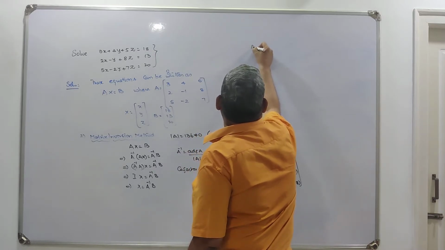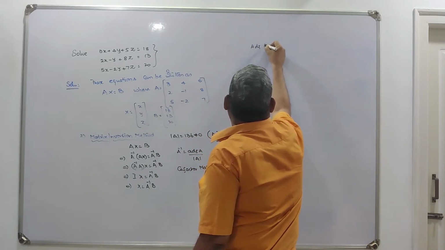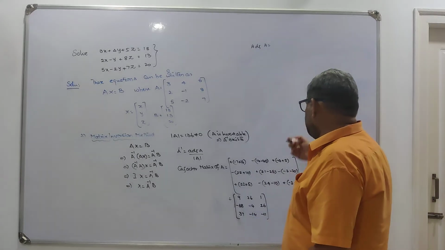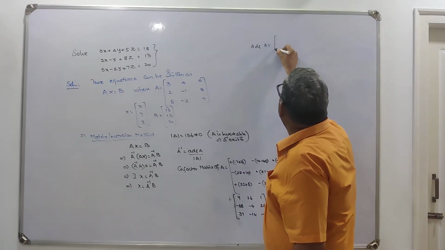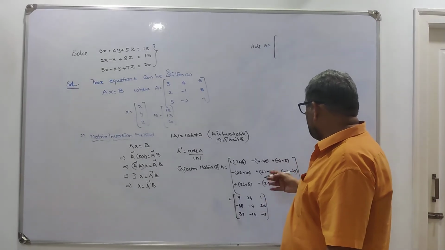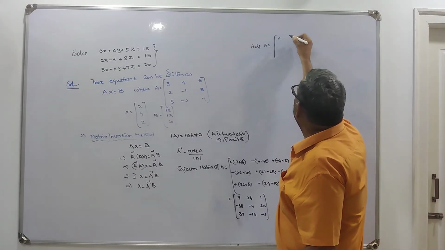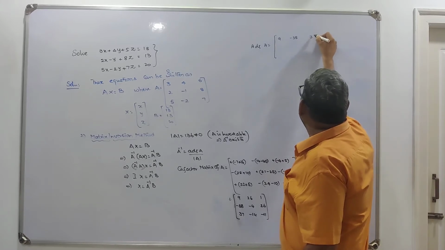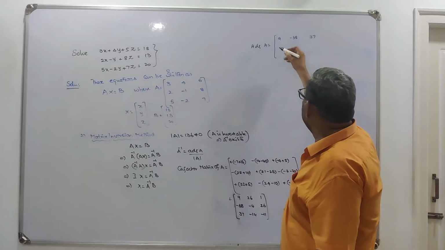Now the adjoint of A. Adjoint of A is nothing but the transpose of the cofactor matrix. The transpose is nothing but interchanging the rows and columns. 9, minus 38, 37: the first column is written as the first row.